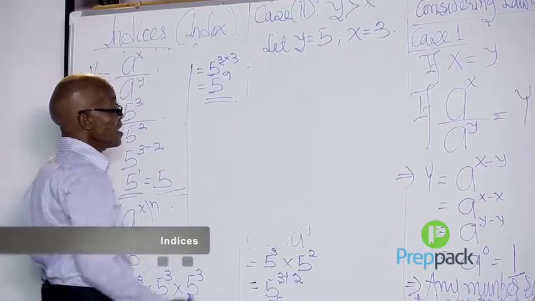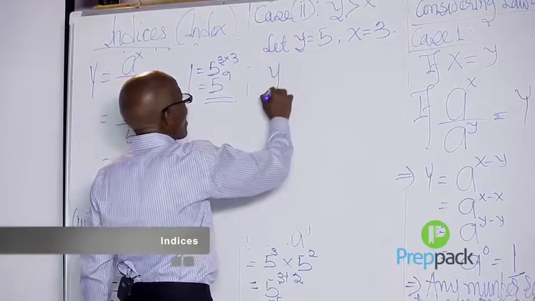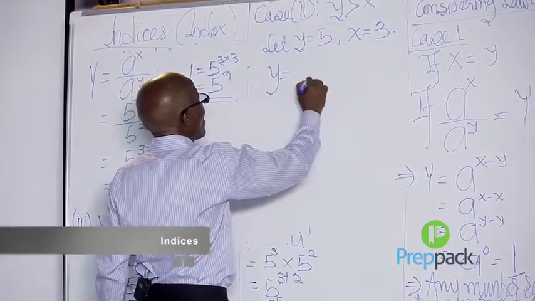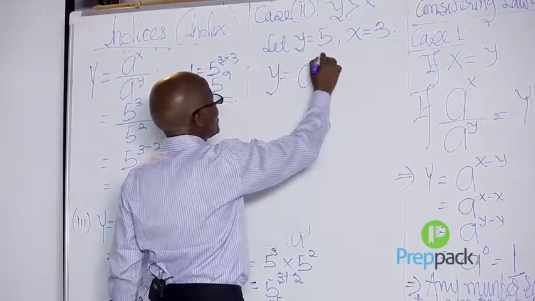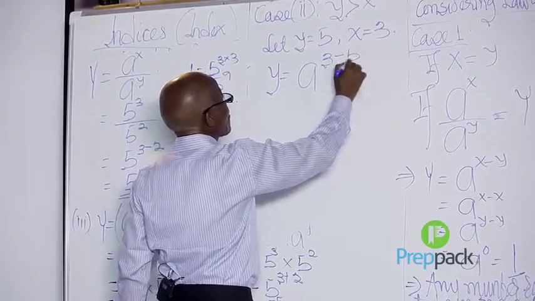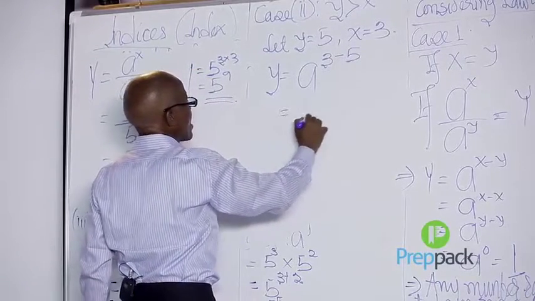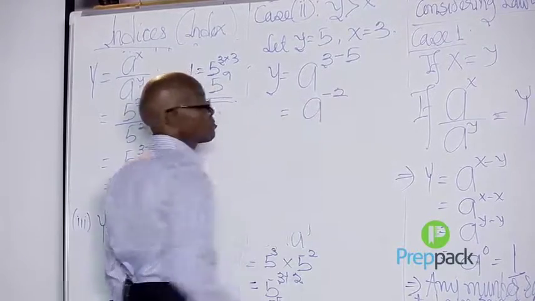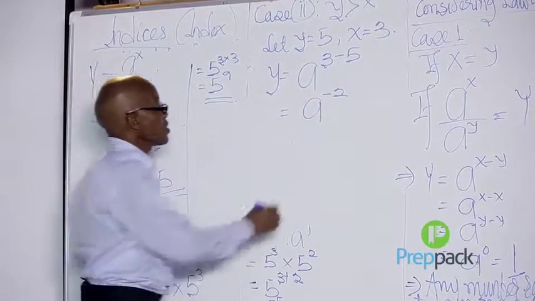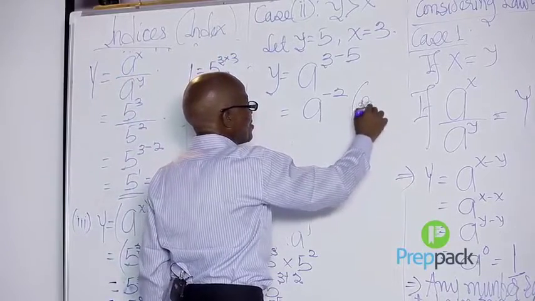In a situation like that, we shall have y equal to a raised to power 3 minus 5. This becomes a raised to power minus 2. This is known as the reciprocal.